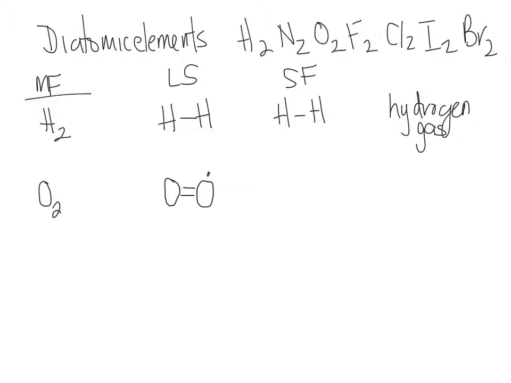So 2 were used in the bond, which leaves the remaining 4 from its valence electrons. So there we go. Each oxygen is surrounded by 8. Structural formula, just the bonds and the atoms. So this is oxygen gas.